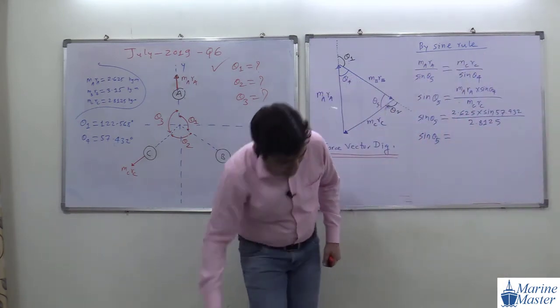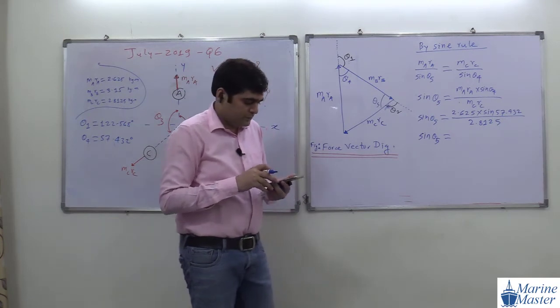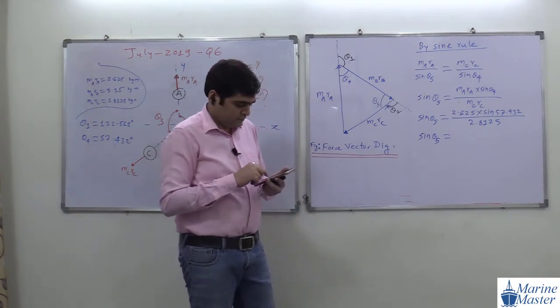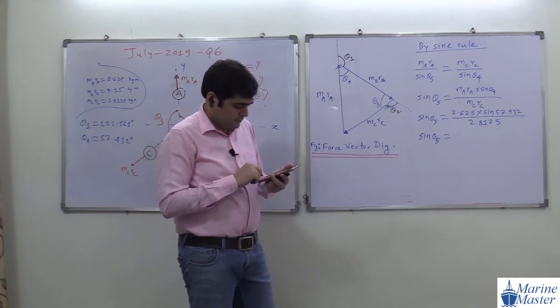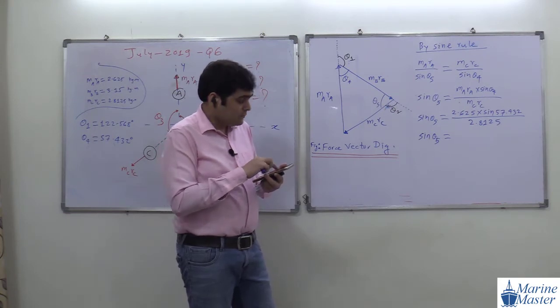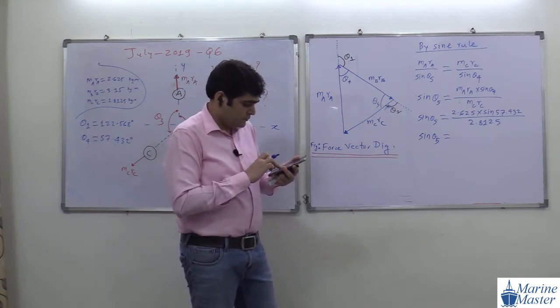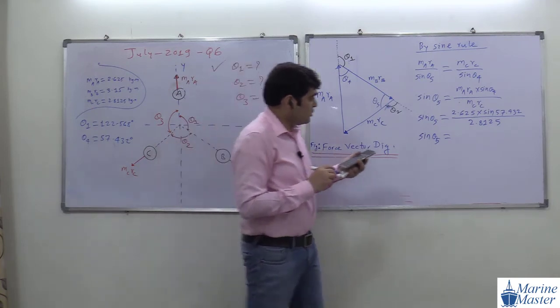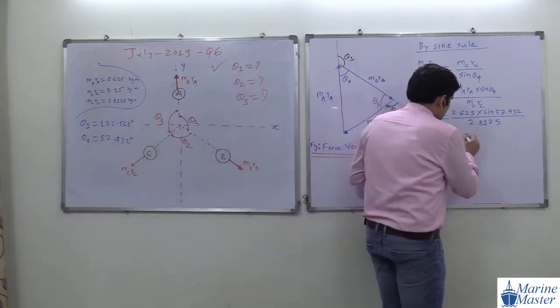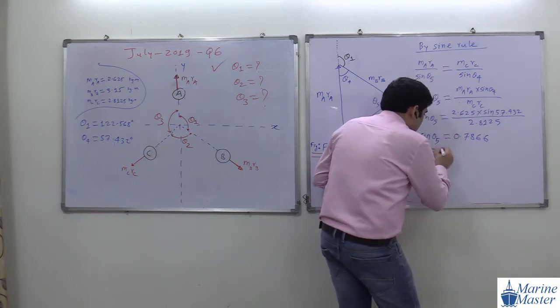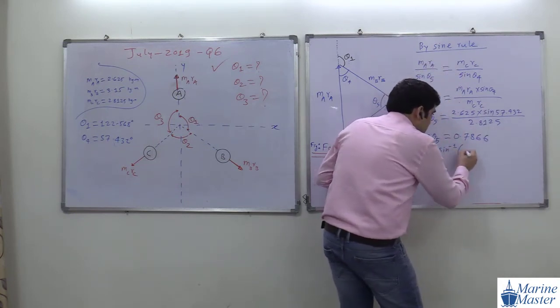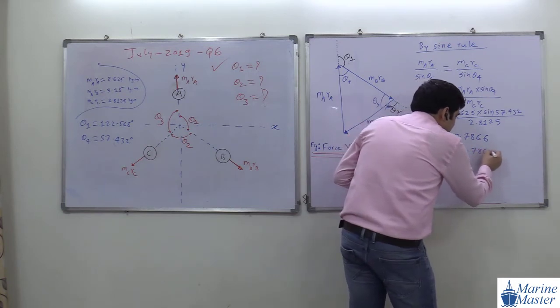Please let me know the value of sine theta 5. 0.7866. So theta 5 will be equal to what? Sine inverse of 0.7866.